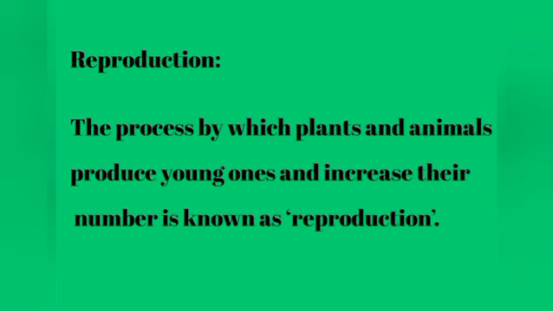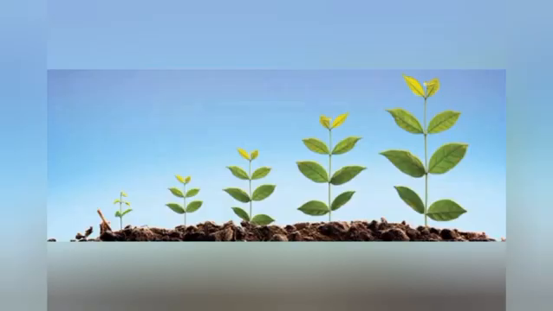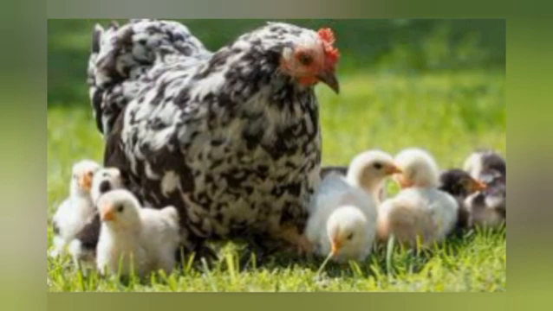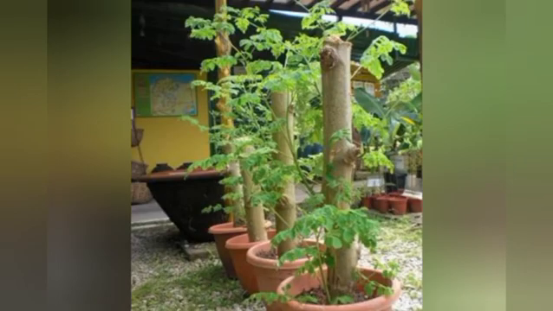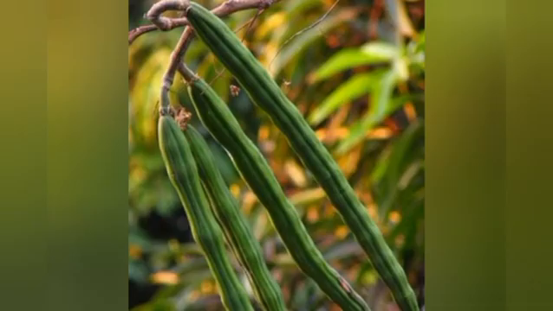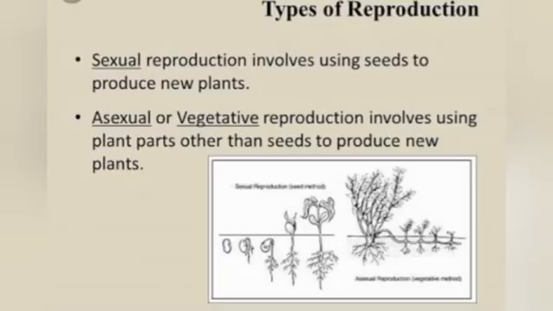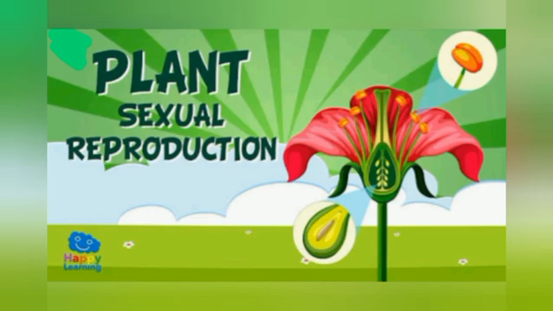Reproduction. The process by which plants and animals produce young ones and increase their number is known as reproduction. A drumstick tree can be grown from both seeds and stem cuttings. When plants are produced from seeds, we call that process sexual reproduction.